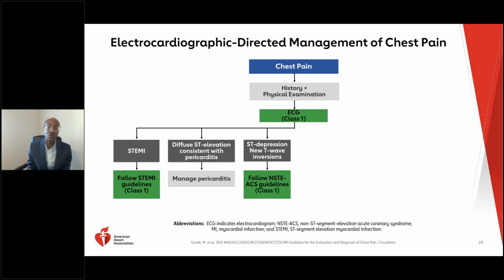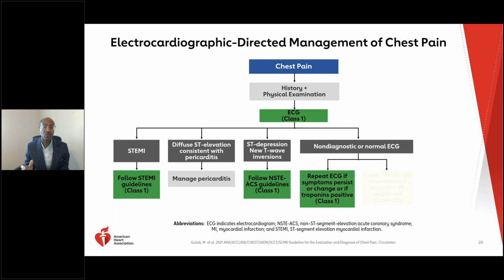And in these scenarios, with the right clinical context, it's really imperative to identify these patients who could have a clinical syndrome and biomarkers that are consistent with a non-ST segment elevation acute coronary syndrome. And in these scenarios, it's recommended for these patients to receive medical therapy as well as revascularization as appropriate.